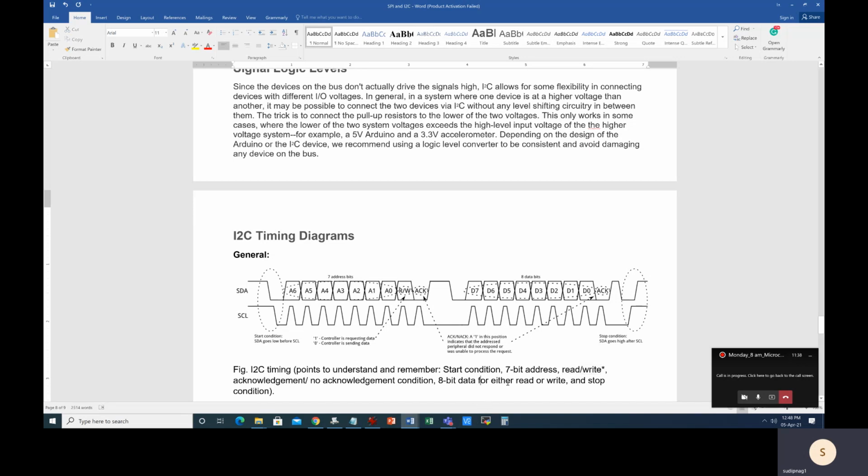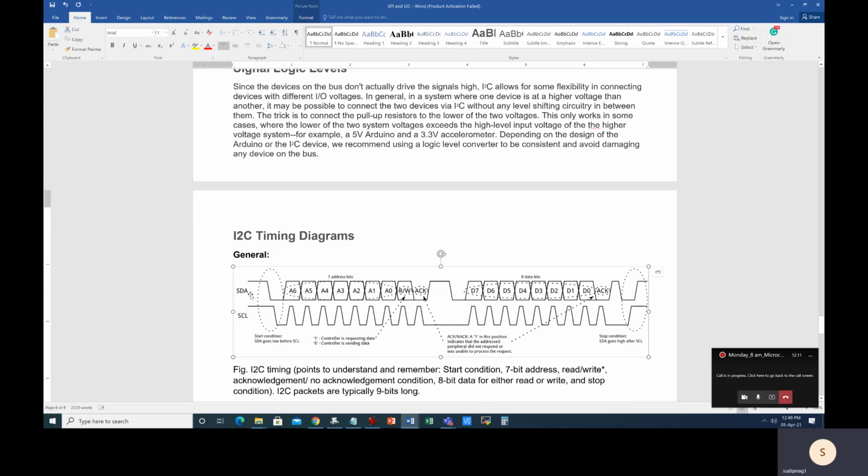In addition, there are several packets of I2C, and each I2C packet is typically 9 bits long. That means if you see any I2C packet of data, it has 9-bit information at least. Let's look at how the timing diagram looks, and then we'll discuss more about this 9-bit stuff.